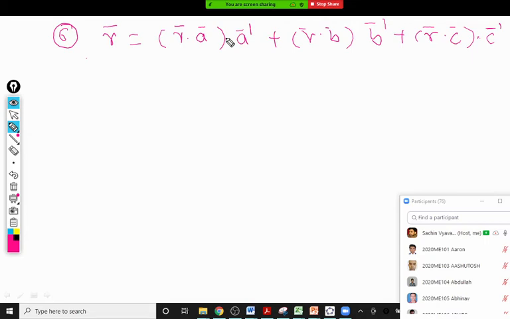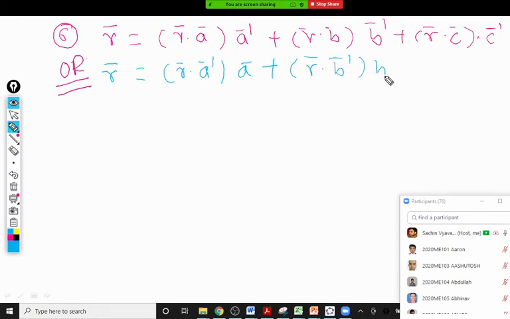Any given vector r bar in a three-dimensional space. Okay, so any vector can be represented in this form, or in some cases the question can come like this also. Show that any vector r bar can be represented as r dot a dash into a plus r dot b dash into b plus r dot c dash into c, and both have the same or similar proof.